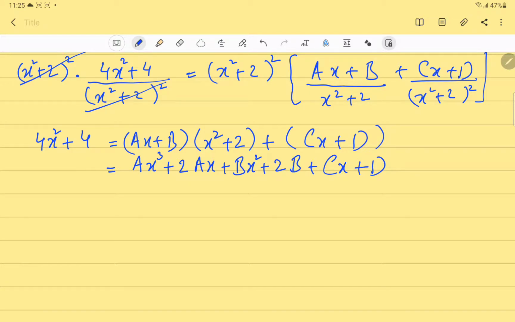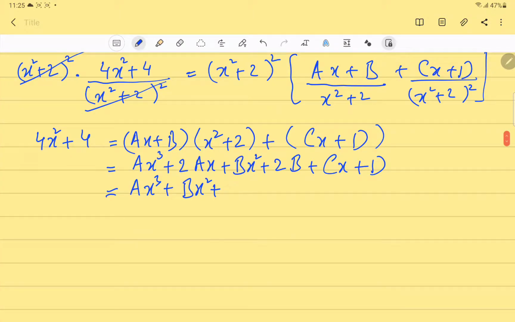Now we will combine the terms with the same degree of x: ax cubed plus bx squared plus 2ax plus cx plus 2b plus d.